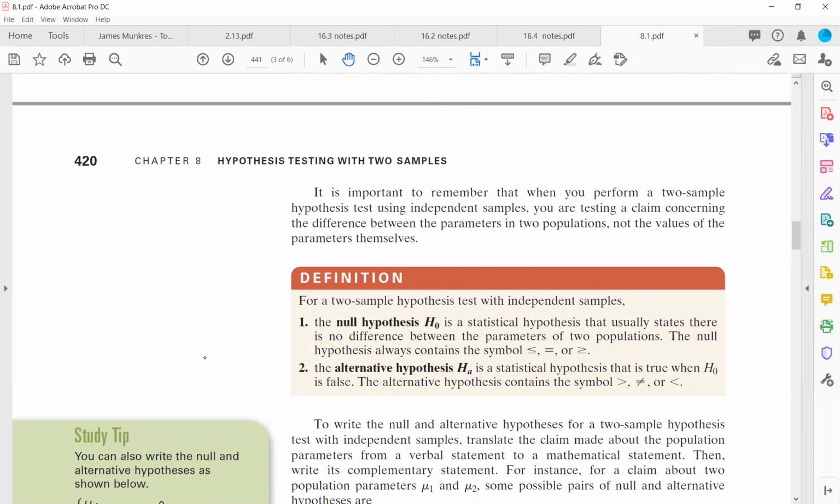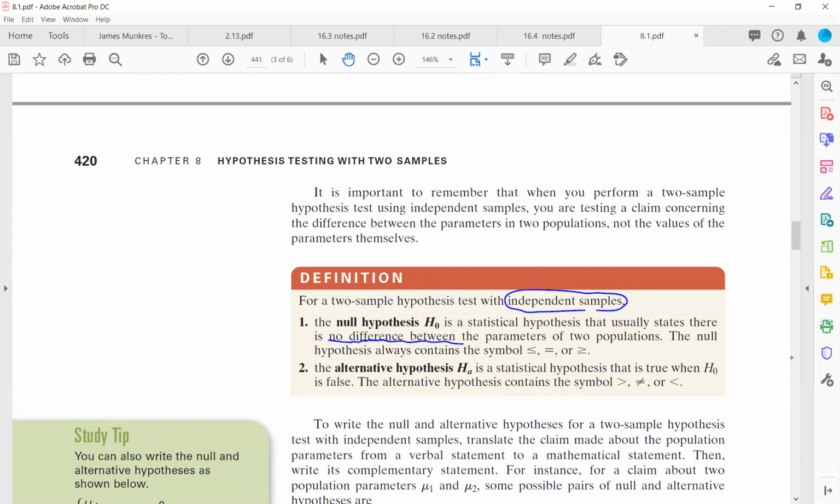Definition: for a two-sample hypothesis test with independent samples, the null hypothesis, H sub 0, is a statistical hypothesis that usually states there is no difference between the parameters of two populations. So they are going to be the same.